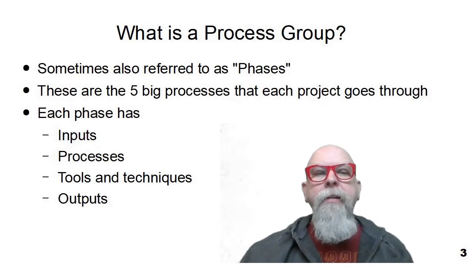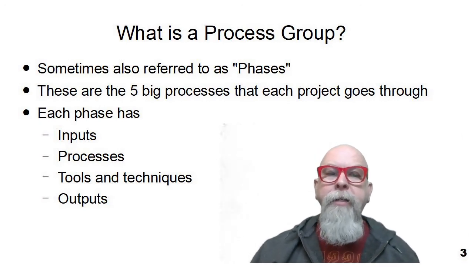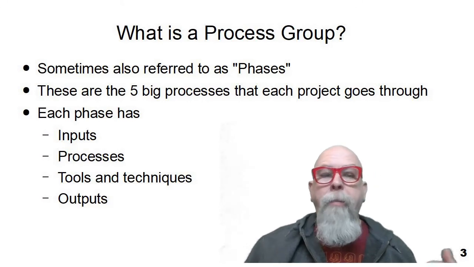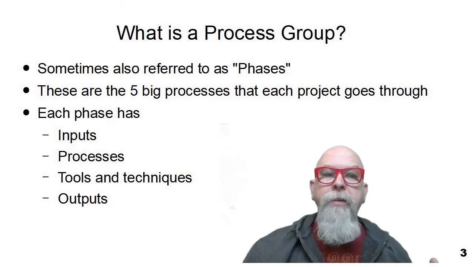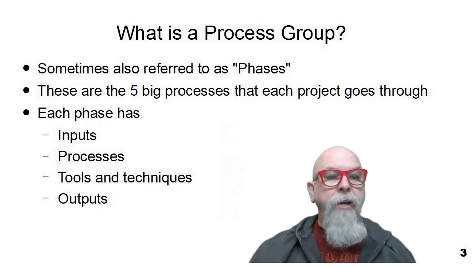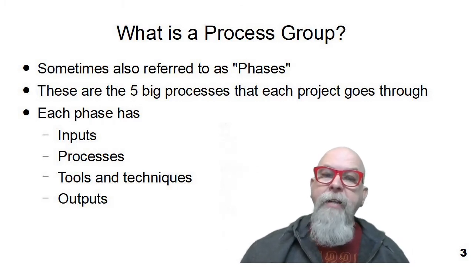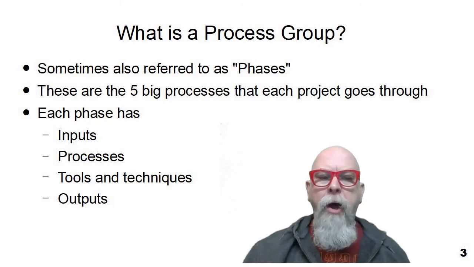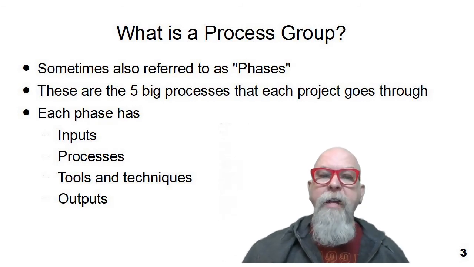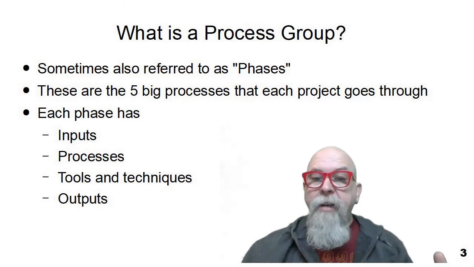First thing, let's define what a process group is. A process group, in some books, and I'll probably even do it, will refer to these groups as phases of a project. They're the 5 big processes or phases that each project goes through during its life cycle. Each phase has certain inputs that start the phase, that feed into the phase.